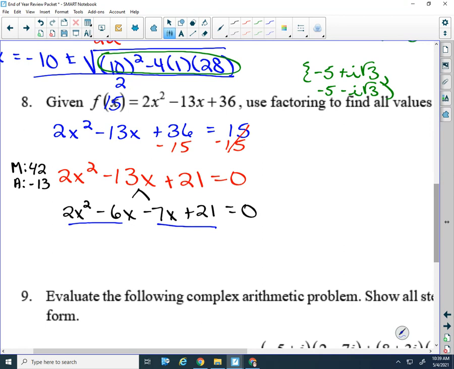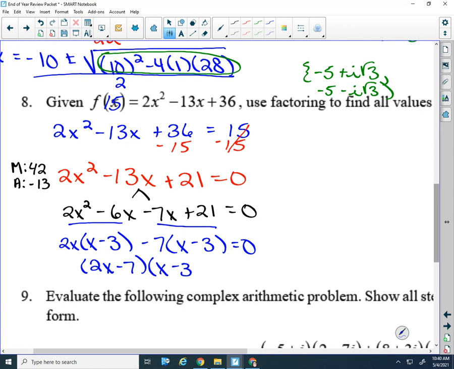Take your GCF out just like we did on the first page of this review. So my GCF is a 2x, so I'm going to take out x minus 3, then I'm going to take out a minus 7, and I have x minus 3. So my factors are 2x minus 7 and x minus 3.